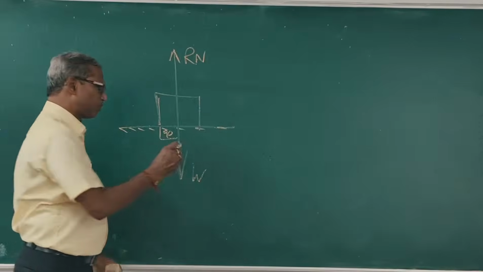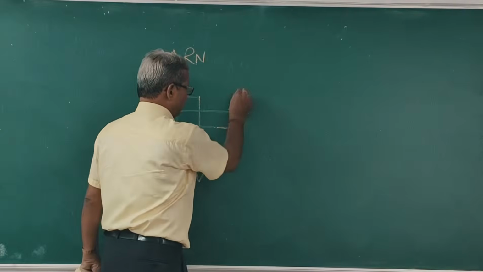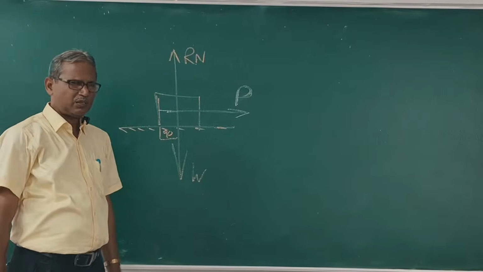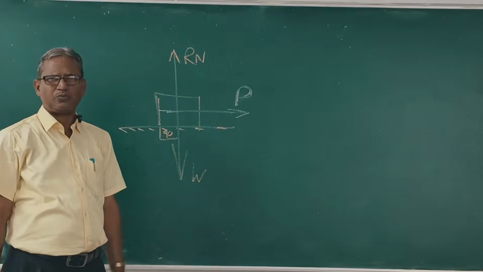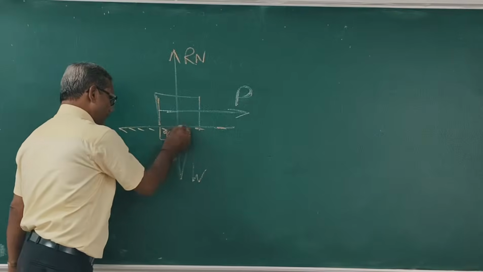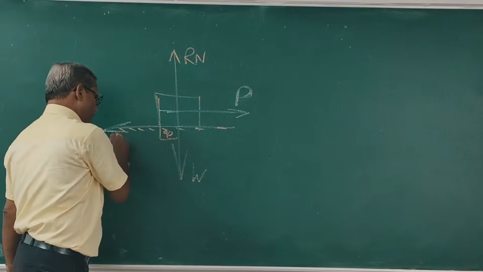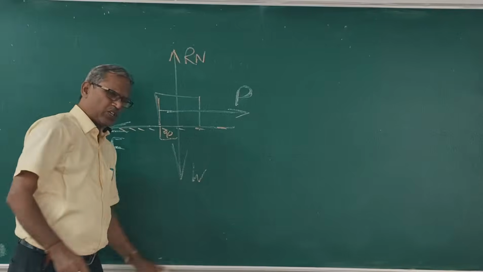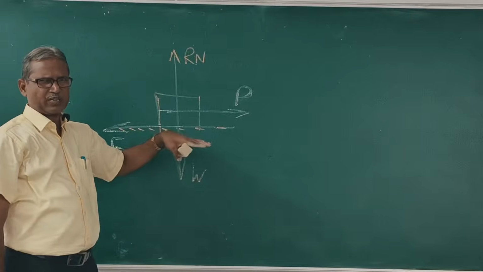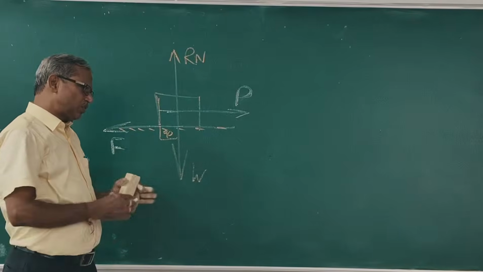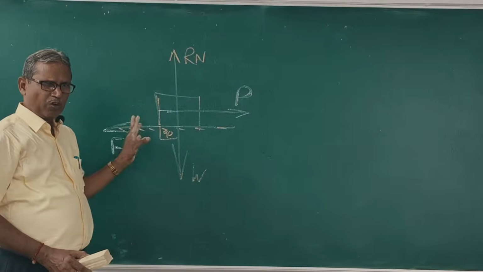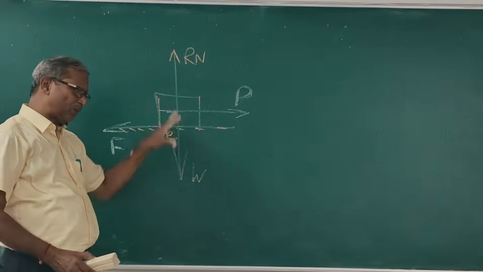Suppose this applied force, the applied effort, is P. So P is more than P1 and P2. To keep the body in equilibrium, another frictional force F acts opposite to the motion of the body. Frictional force is always shown at the surface of contact. So to balance P, the frictional force F acts opposite to the motion of the body. Now the body is at rest.